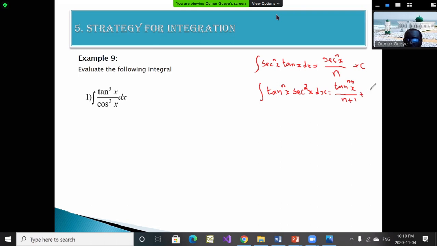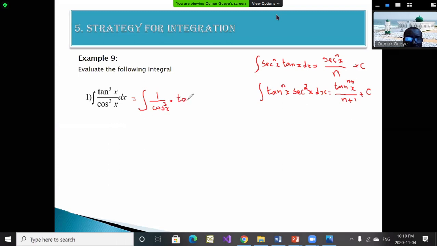Now I'm gonna try to get one of these two formulas because my integral here involves the tan, and I already know these two formulas. And you realize here, you can write this integral as 1 over cosine x to the power 3 times tan, right?